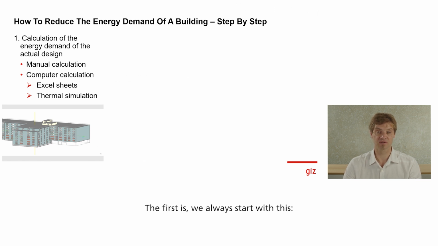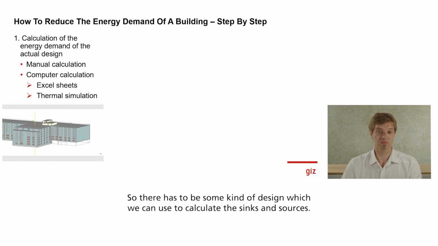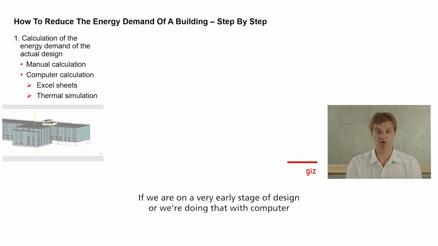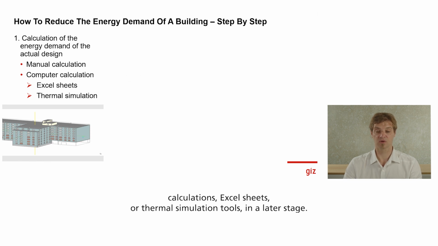The first is that we always start with is we have to calculate the energy demand for the actual design. So there has to be some kind of design which we can use to calculate the sinks and sources. We can do that by manual calculation if we are on a very early stage of design, or we're doing that with computer calculations, Excel sheets or thermal simulation tools in a later stage.